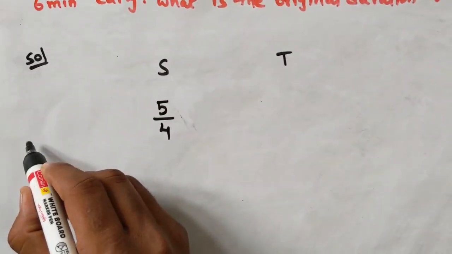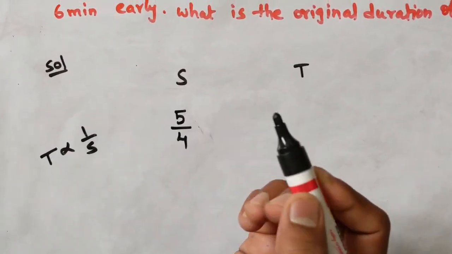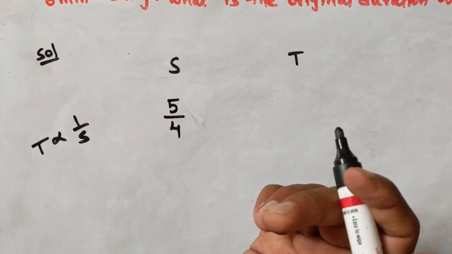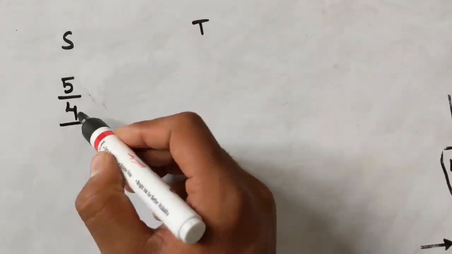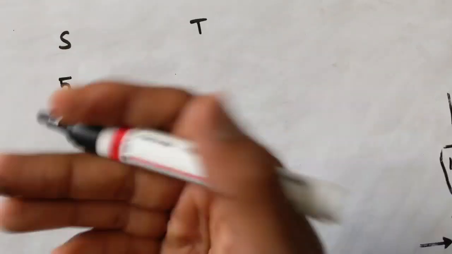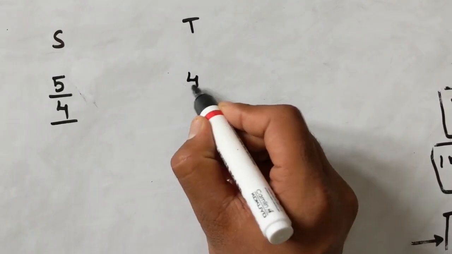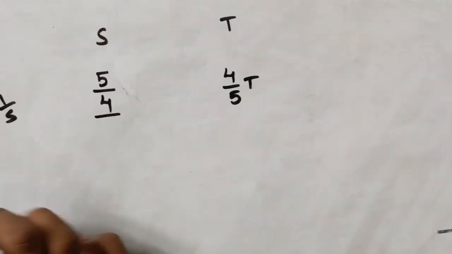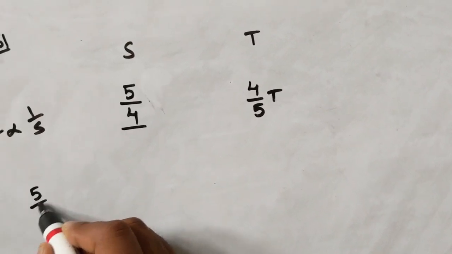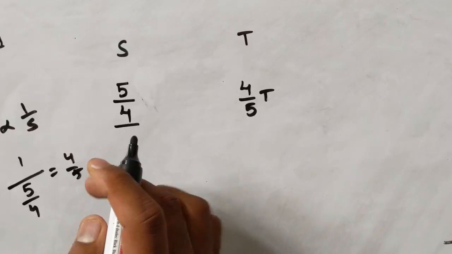Here we know that time is inversely proportional to speed. So speed is 5/4, right? 5/4 speed I am traveling today. So time will be 4/5 of the time because of inverse proportionality. If I take the inverse of 5/4, I am going to get 4/5.